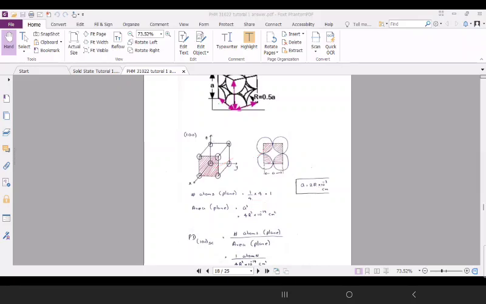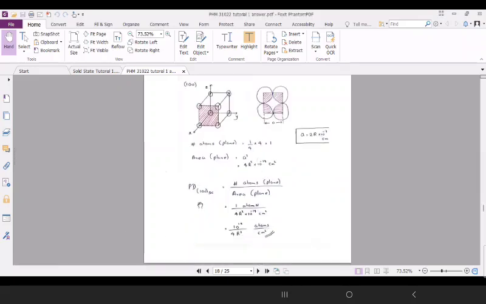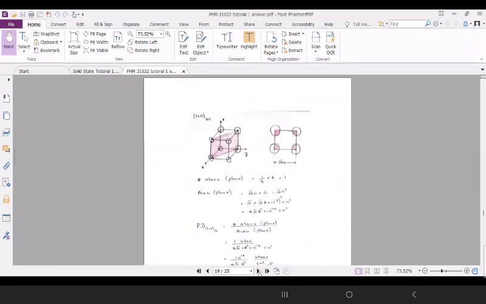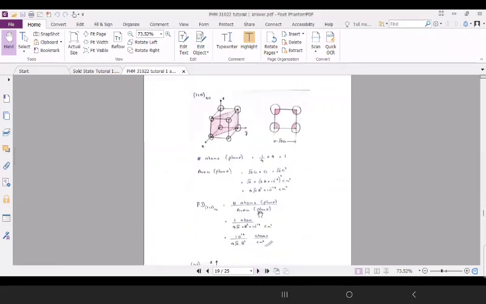So then we will try another example, another plane. In this case, see, for the simple cubic, the planar coordinates indicate 110. So it should be like this. Again, this plane also has 4 atoms in the edges.